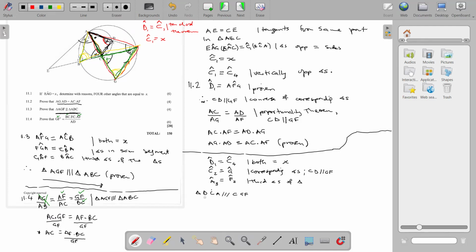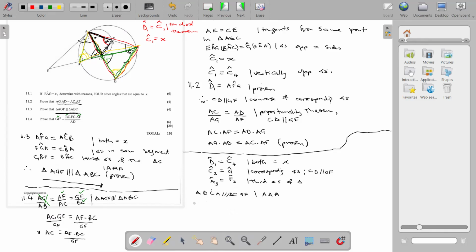The reason is because we proved that the three corresponding angles are equal, so these two triangles are similar. Take note, this is one way of proving similarity. Then we can derive a ratio from this, the same way we derived from here.